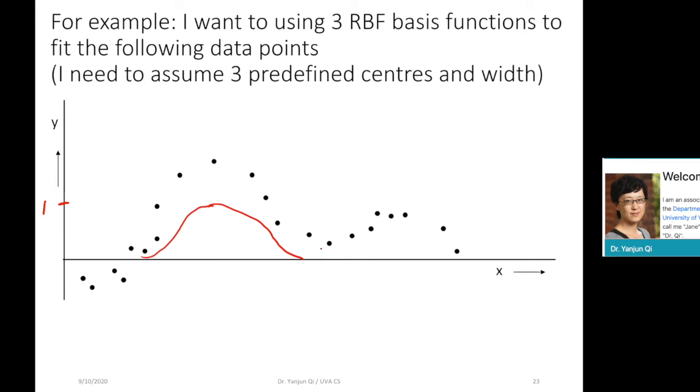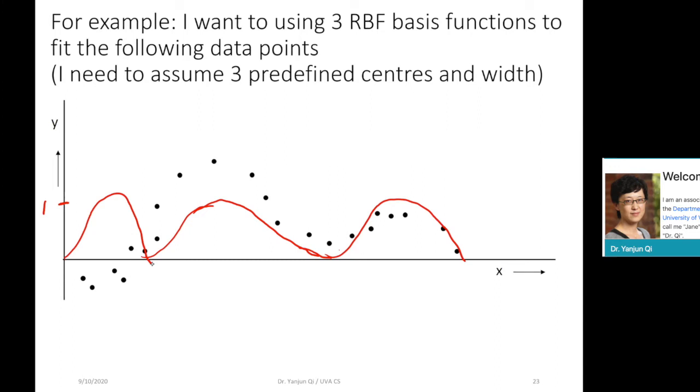And I can have another bell shape here, maybe here, and then another bell shape here. The wideness is a little narrow for the first bell.